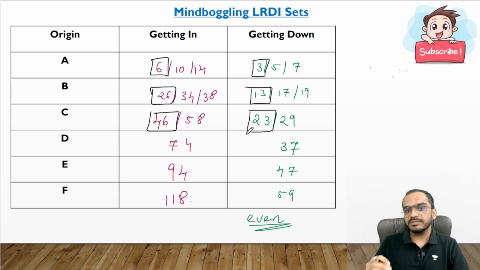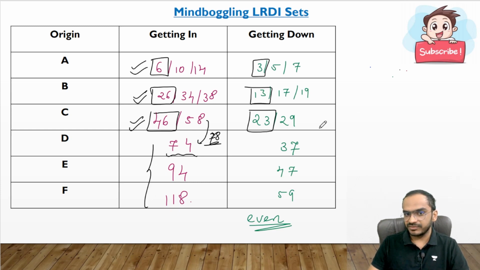Why did I pick these numbers only? Because, for example, if I picked 58, then 58 plus 20 is 78. But 78 is not a possibility, because the only possibility here is 74. That leaves the only possibility here as 46, that leaves the only possibility as 26, and that leaves the only possibility as 6. Tell me yes or no.